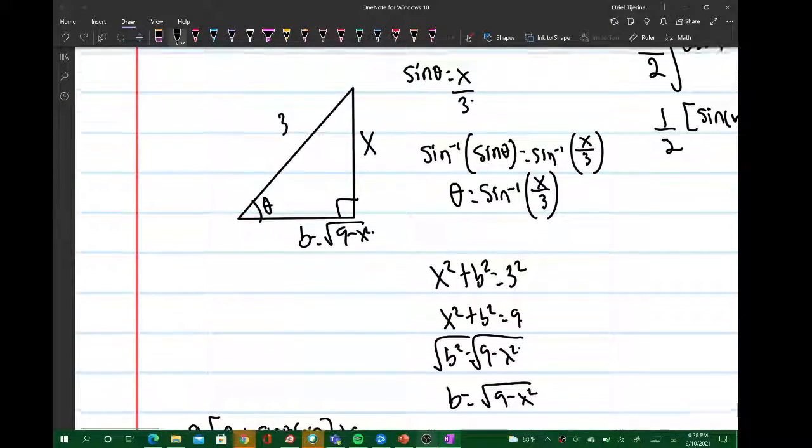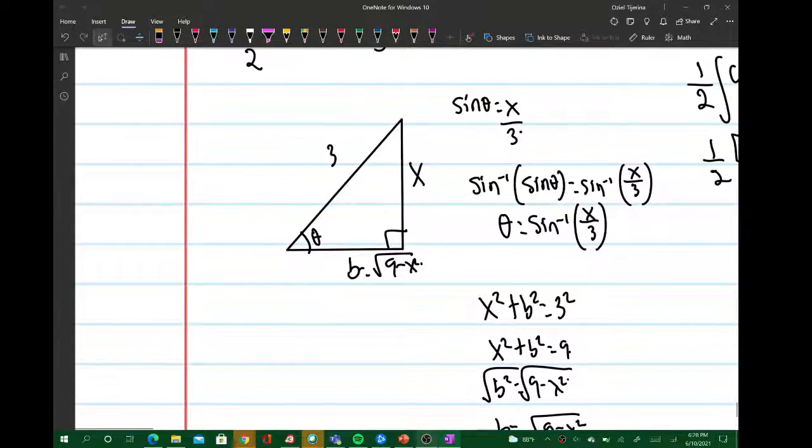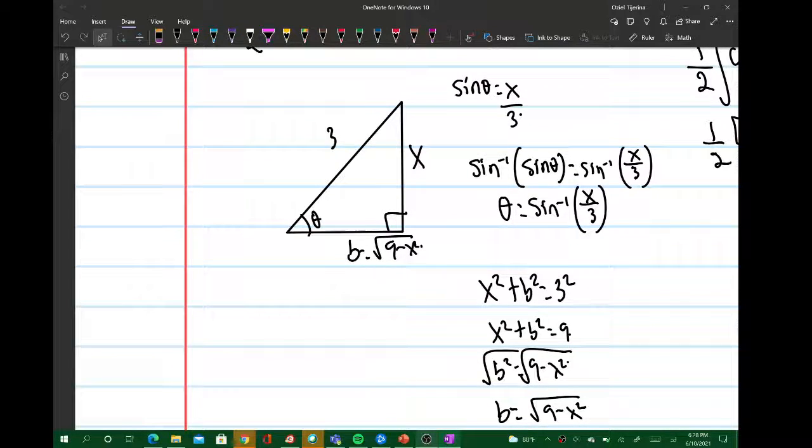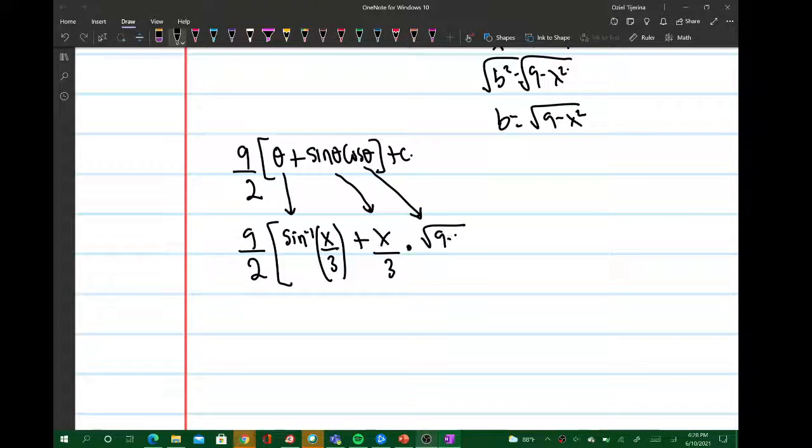So then cosine theta, if we look for cosine theta here on this right triangle, is just adjacent over hypotenuse. So it's going to be the square root of 9 minus x squared all over 3. So we have times the square root of 9 minus x squared all over 3. Now, this is all of this, and then plus the constant of integration c.